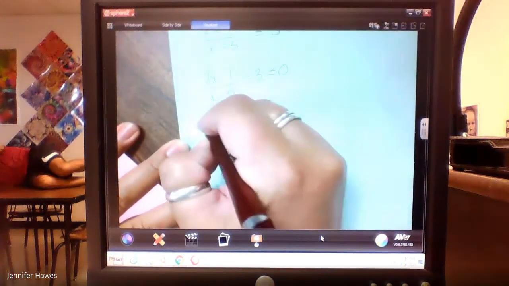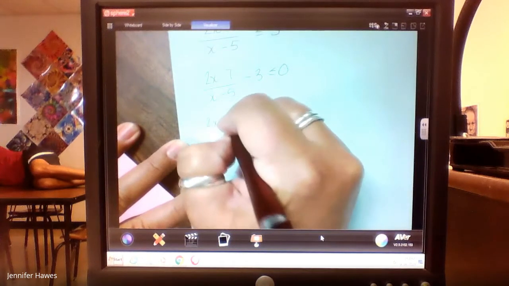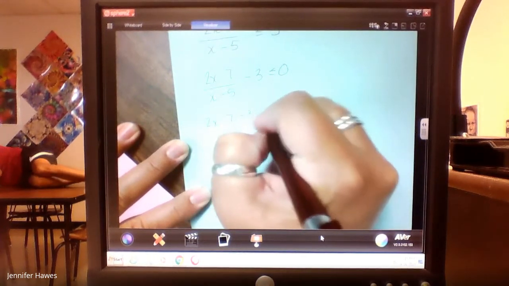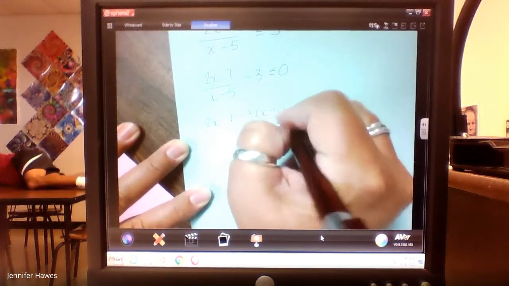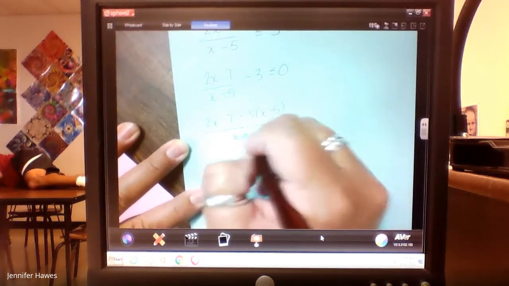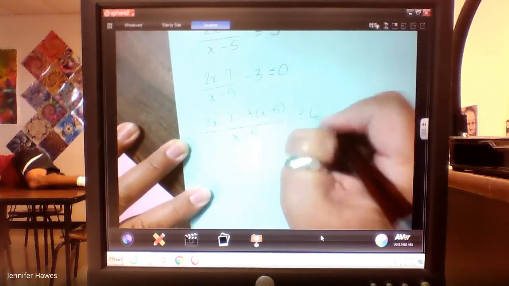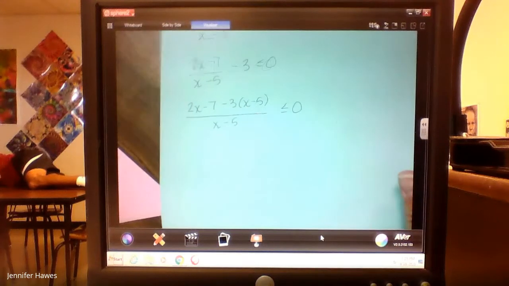So I'm just going to write it like this. Are we okay with me doing that? Yes, because I multiplied that 3 top and bottom times x minus 5. Common denominator, you just add and give it the common denominator.